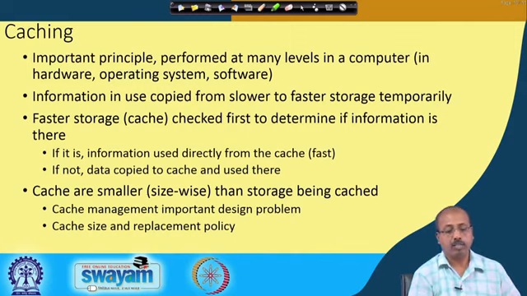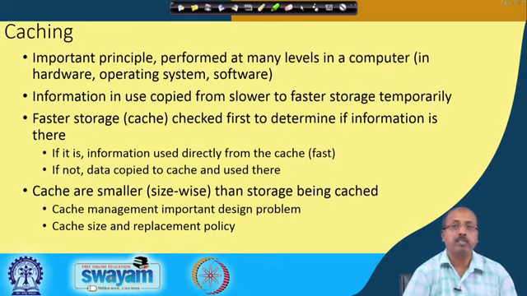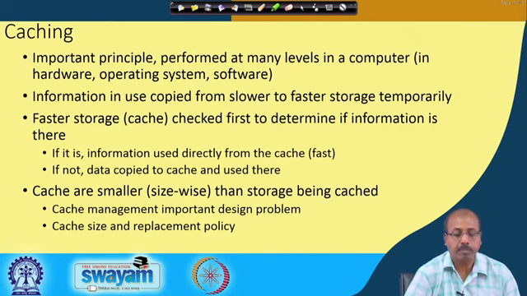Then we have the concept of cache memory. This is an important principle, because data may be kept at several levels, and cache is closest to the CPU. When the cache is accessed and the data is available there, the main memory access or secondary storage access can be avoided, so I can have a performance improvement.